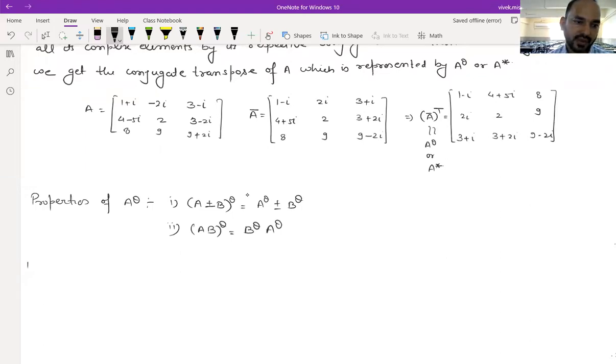Now, there's a definition called Hermitian matrix.